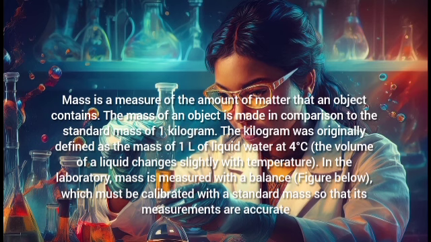The mass of an object is made in comparison to the standard mass of 1 kilogram. The kilogram was originally defined as the mass of 1 L of liquid water at 4 degrees Celsius. The volume of a liquid changes slightly with temperature. In the laboratory, mass is measured with a balance, figure below, which must be calibrated with a standard mass so that its measurements are accurate.